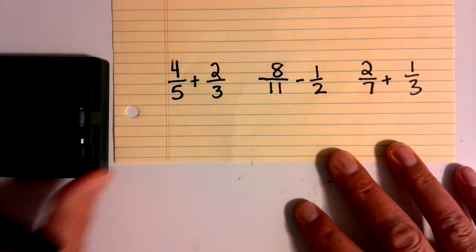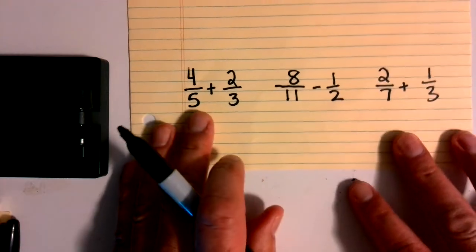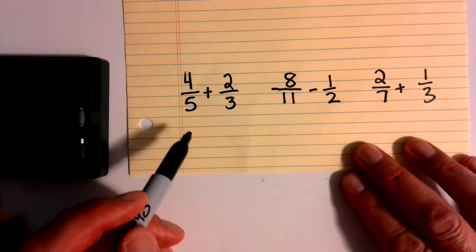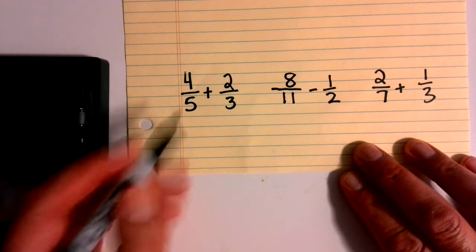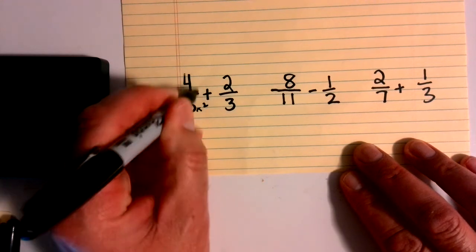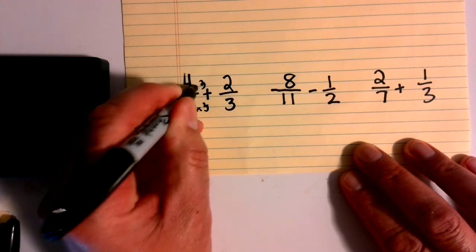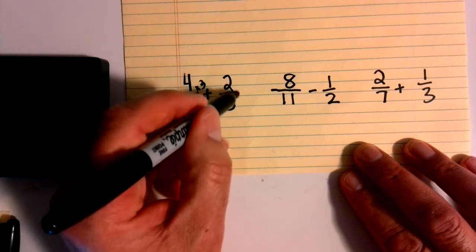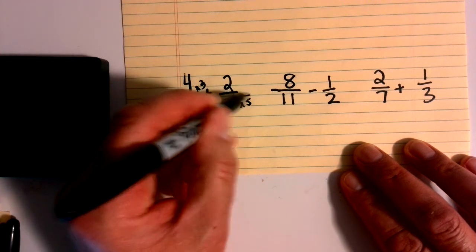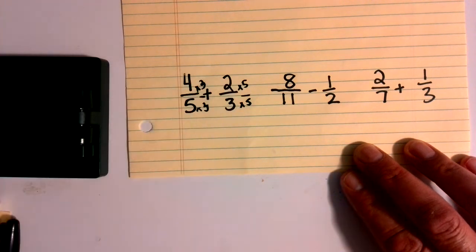So I know that both of these numbers, 5 and 3, are factors of 15, so I can go ahead and convert to 15ths. So I need to multiply this fraction by 3 over 3, and I need to multiply this one by 5 over 5.